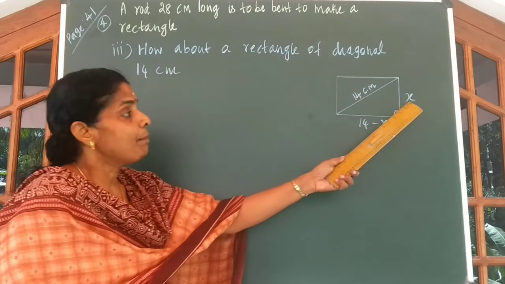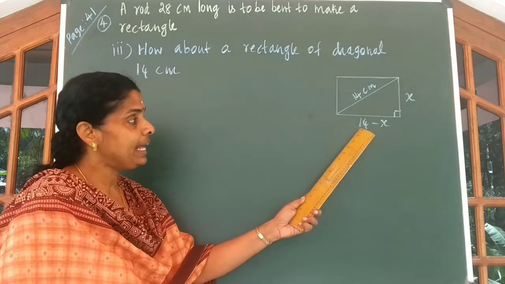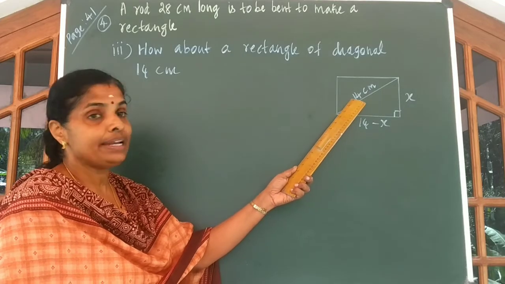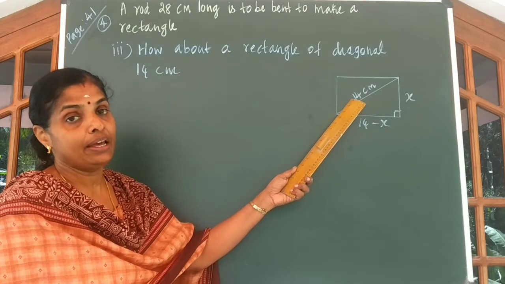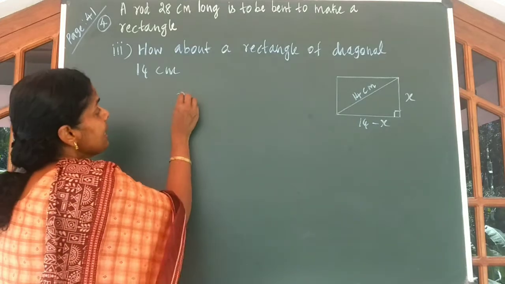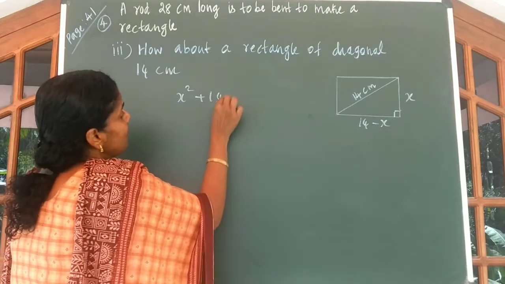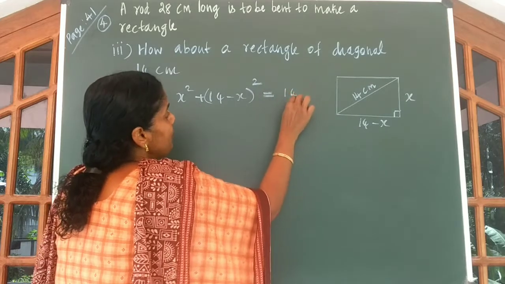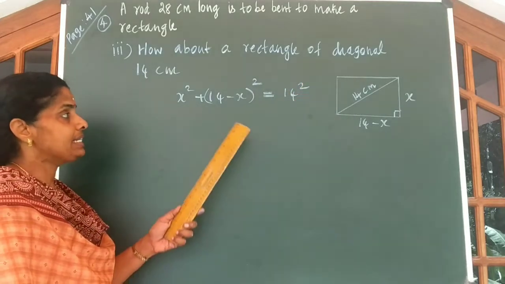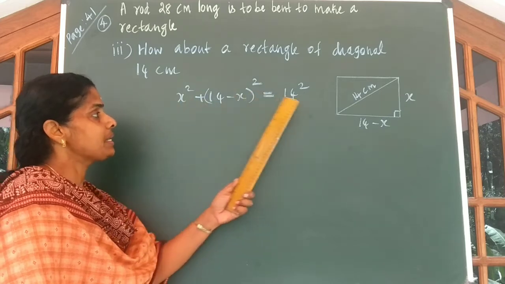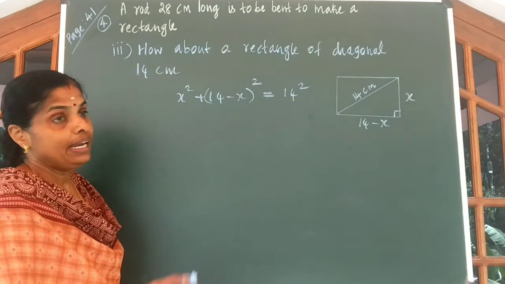We know breadth is equal to x and length is equal to 14 minus x. Now let us consider the diagonal to be equal to 14. By using Pythagoras theorem, here again we get x square plus (14 minus x) the whole square is equal to 14 square. That is base square plus altitude square is equal to hypotenuse square. Let us expand.